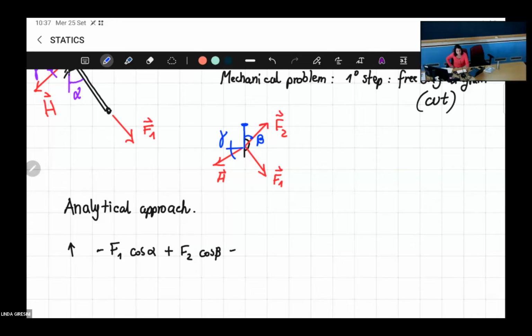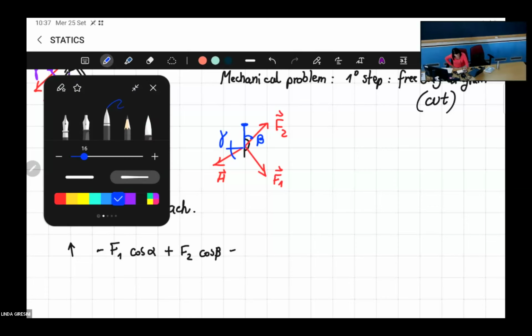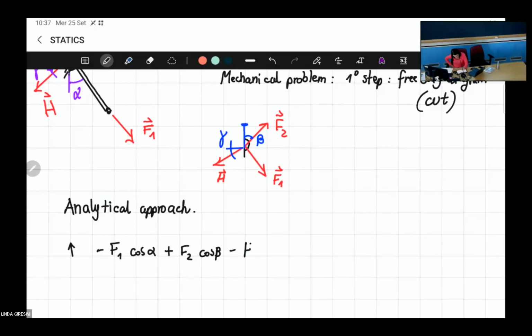So we need to take the vertical component, which is exactly minus sin gamma, okay? And that must be equal to 0, because we have only 3 forces in the vertical direction.